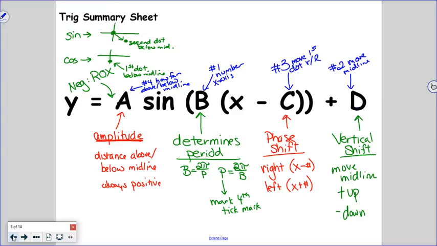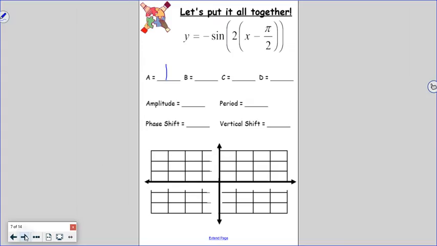Remember our cheat sheet? Always positive, right? But that negative is going to have an impact when we get down to the graphing. Amplitude is a distance, so it has to be a positive number. But the negative is going to be in what when we actually graph it? It's going to be a reflection over the x-axis in our graph, okay?